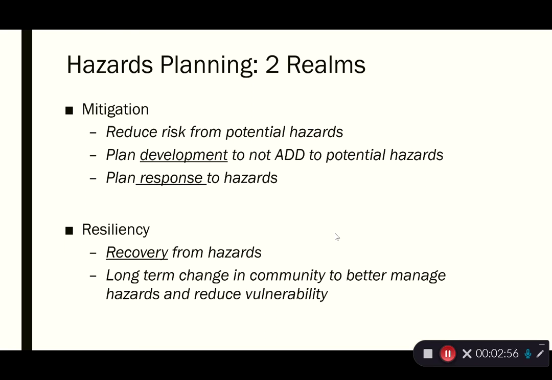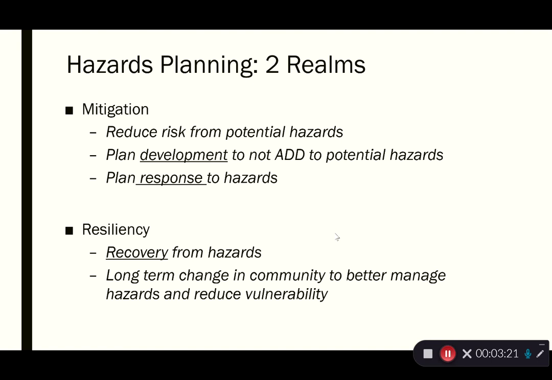So making sure you have adequate equipment stockpiled, you have evacuation routes identified so people know where to go in the event they need to evacuate. You've got proper supplies stored up that you can access to help people in the event of a disaster, those kinds of things.